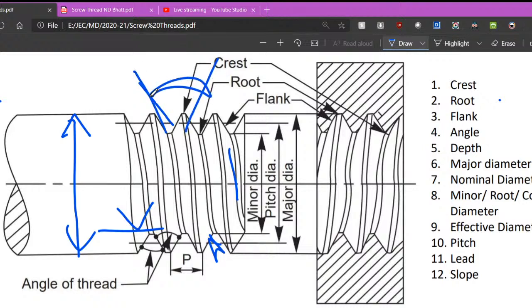Between two adjacent flanks, we can call it thread angle or angle of thread. So you see here, the angle between two flanks is called the thread angle.